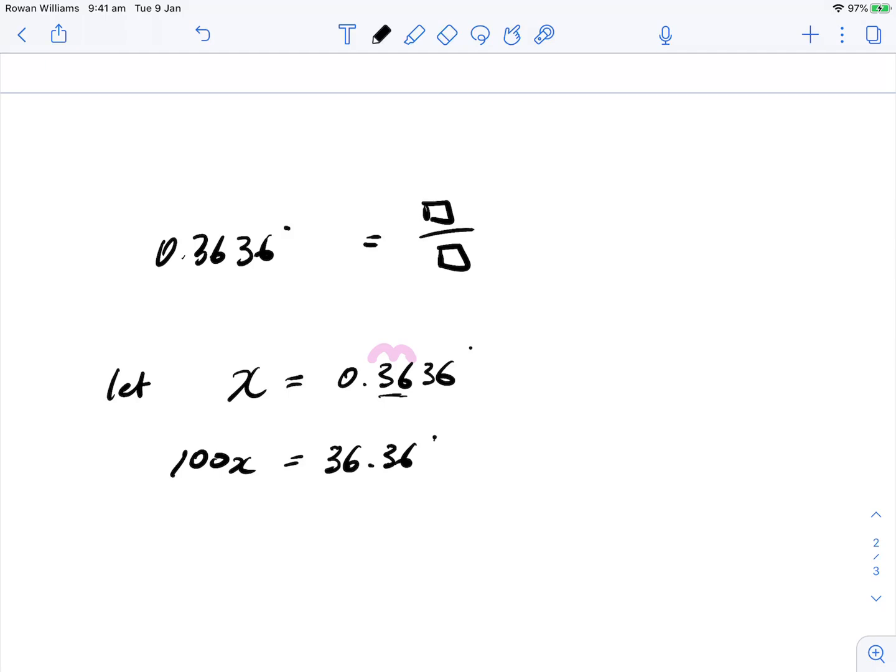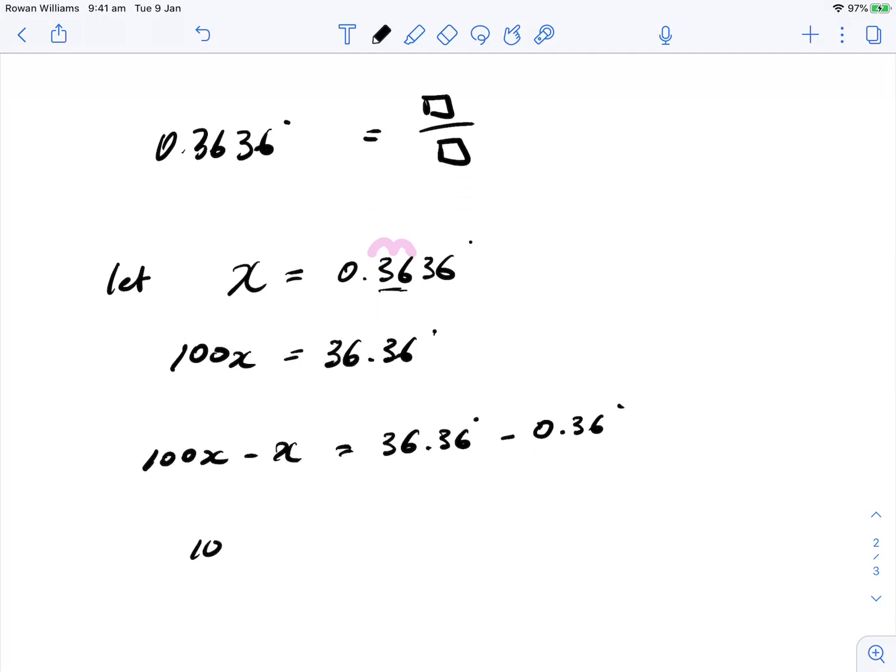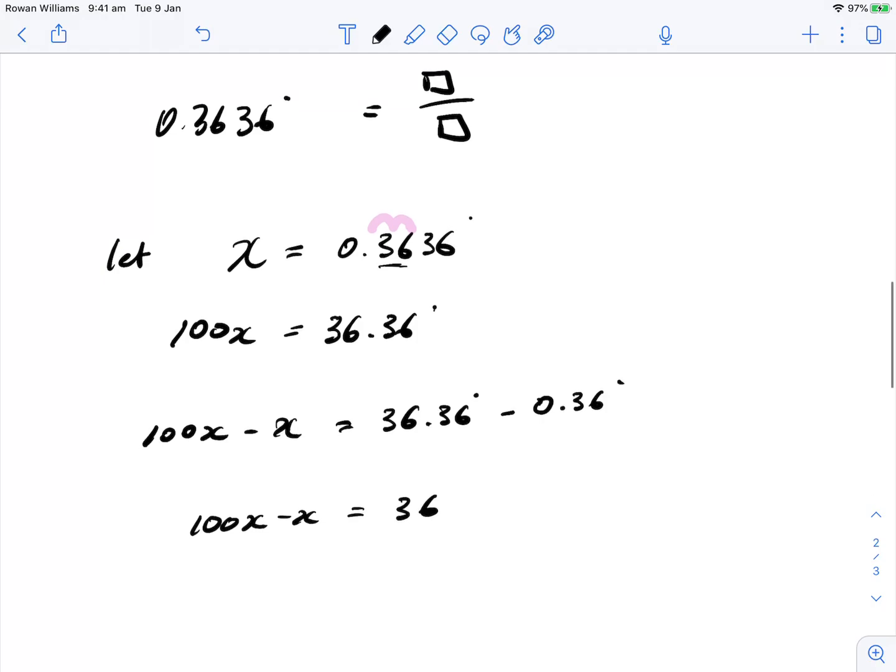And then similar to what we did in the last step, now I go 100x take x. So 100 lots of x take 1x will be equal to 36.36 take 0.36 on and on and on. That means that 100x take x will equal 36. Now I've got one whole number.